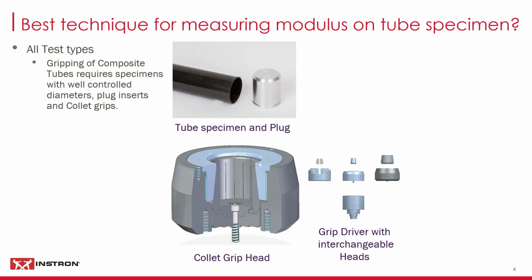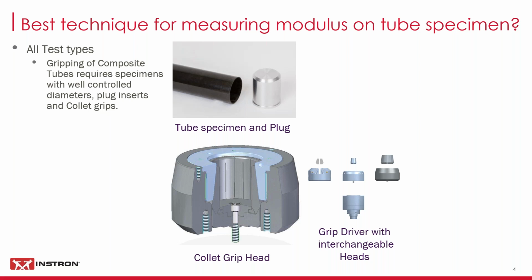So it's necessary to have an accurately machined end of the specimen. Normally the as-manufactured ends of the specimen that you want to grip are not going to be regular enough to get good gripping. So they need to be machined. They're probably going to need to be plugged.